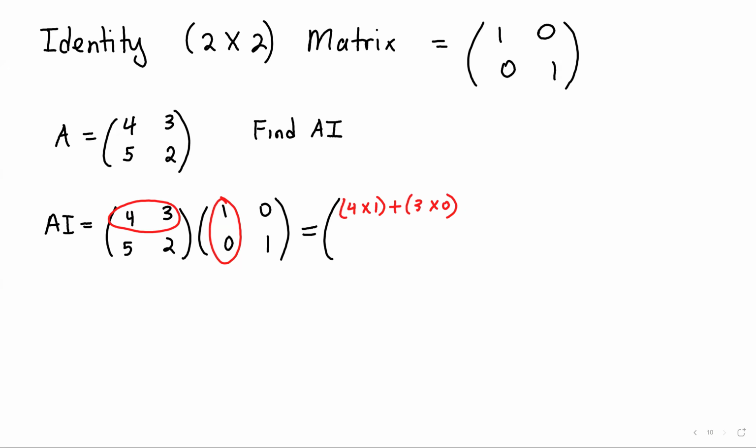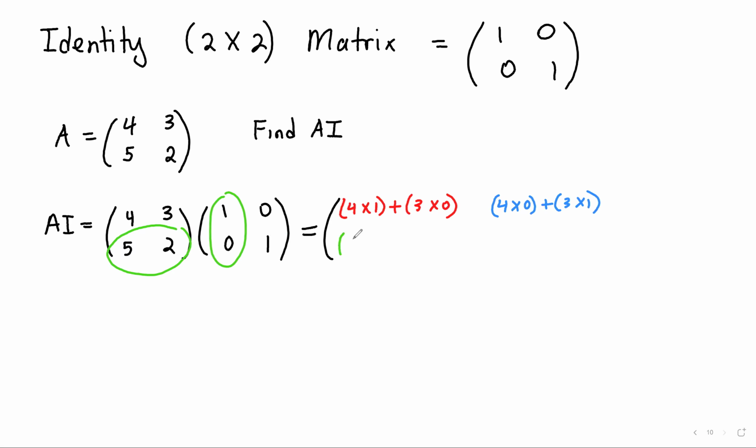And then row 1, column 2, so this is column 2 and it still is row 1, so that would be 4 times 0 plus 3 times 1. And then on the bottom now, we're going to be looking at row 2. So this is row 2 times column 1.